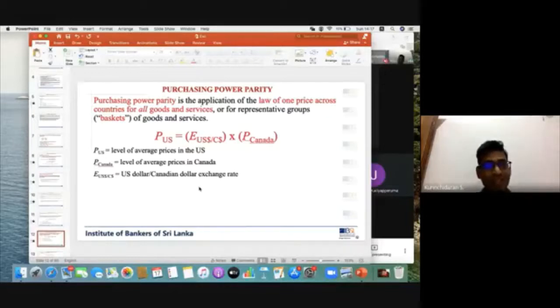As I said, take a few goods, put them in a basket, weight their prices, and get the level of average prices in the US. On the other hand, P Canada means the level of average prices in Canada, and taking them together you can get the exchange rate. In other words, if you take the price level of Canada and multiply by the exchange rate, you will get the price level of the US. So this is called purchasing power parity.